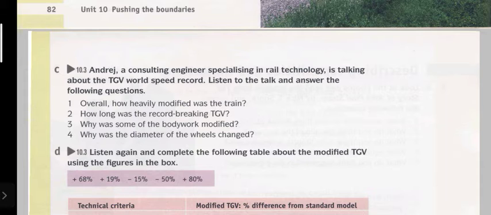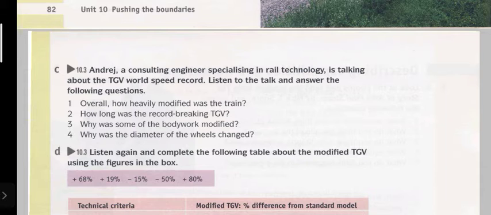As you can see from the slide, one of the biggest differences was that the modified train was significantly shorter. In order to make it lighter, it was a 50% reduction in length, down to 100 meters, compared with a 200-meter standard length. The coaches being pulled were perfectly standard.